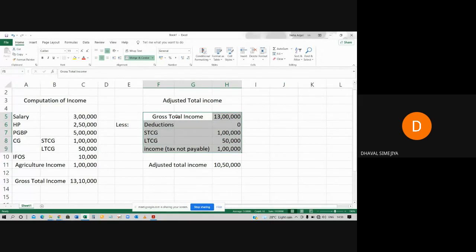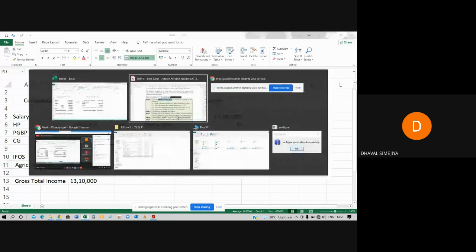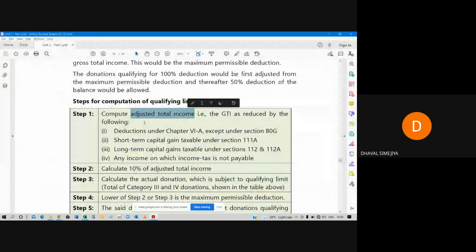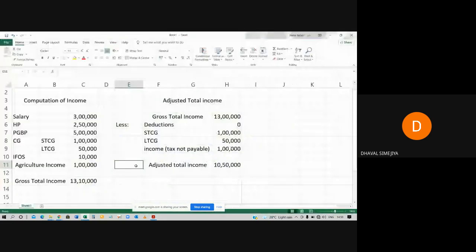After reducing all these things, whatever we get, that is adjusted total income. So this is your first step. Step number 1. Let me write down over here. Step number 1 is completed.